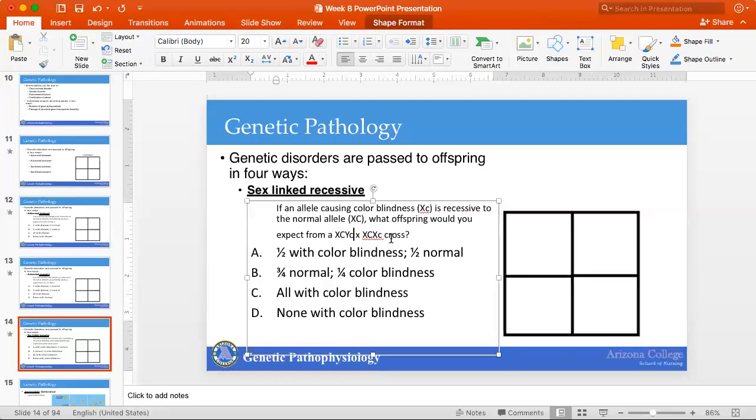What you're showing here is that you're getting a slightly different combination because you're looking at both factors, one from the female, one from the male. And if we'll go ahead and work through this one.